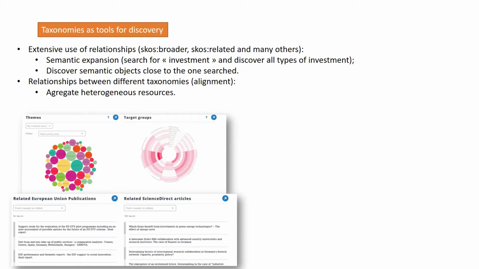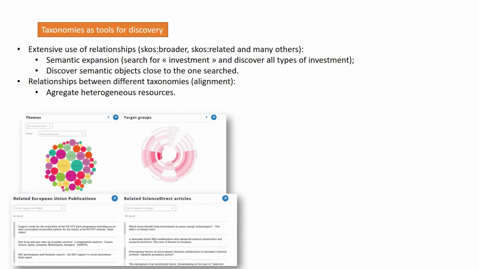So either vertical ones like broader and narrower, or horizontal ones related, or many other, because for example, for the geographical area taxonomy, we don't use broader and narrower or related, because these relationships are not semantic enough.